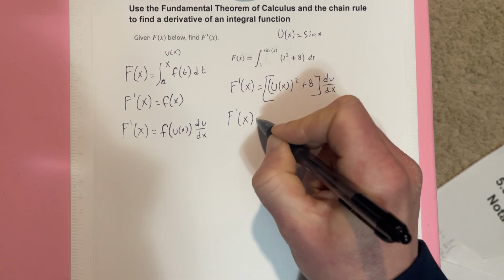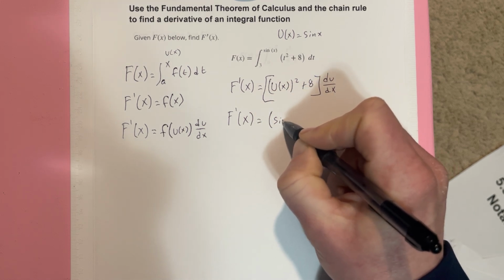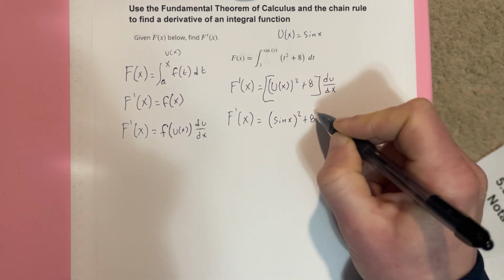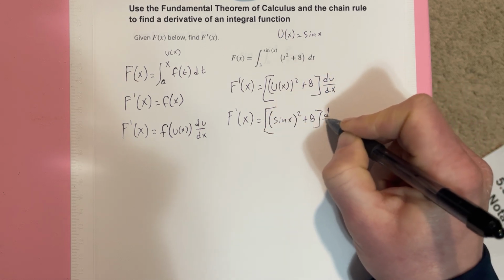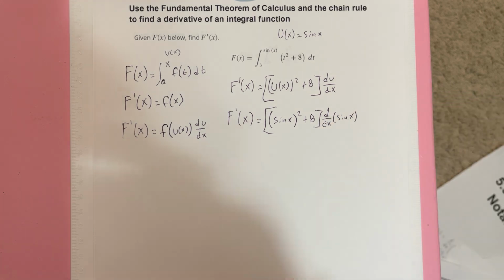So then we're going to do some substituting in. So F prime of x is equal to, this would be sine of x squared plus 8. And then this would be d over dx of sine x when we substitute u in to that equation.